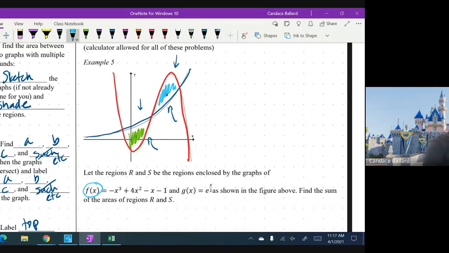It is the red graph. If it was me, I'd probably write f of x on there and g of x on there. And this one is a calculator problem, it says right here. So we don't necessarily have to write out the actual equations. We're going to type those into our calculator, which hopefully you have going.